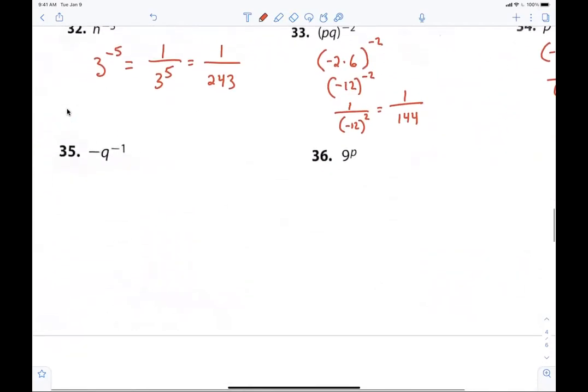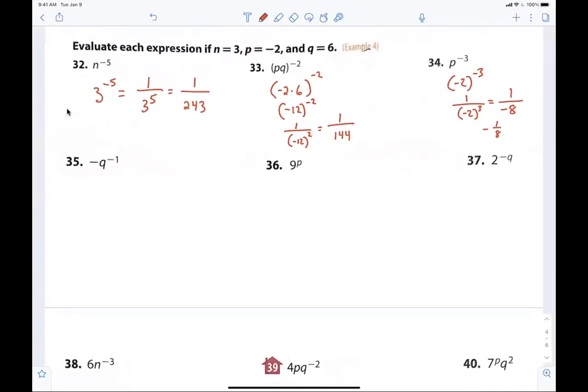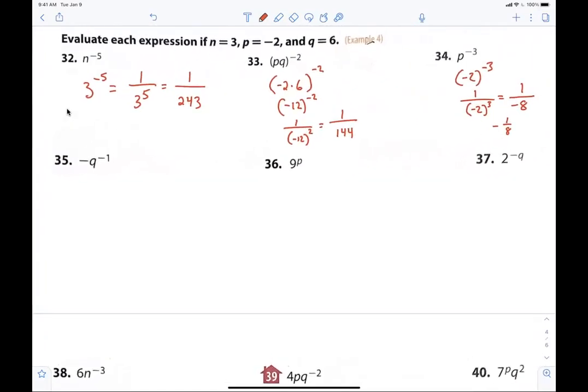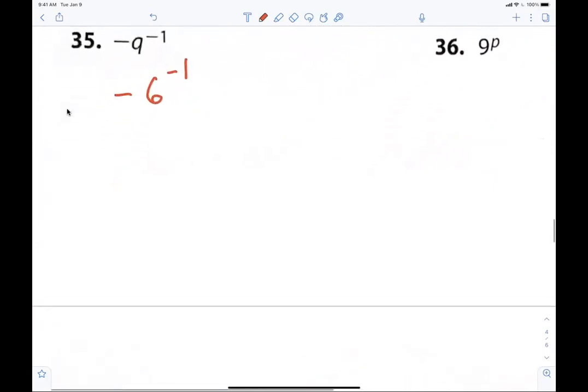35, Mackenzie. Negative 6 and negative 1. Okay, this one's kind of tricky, so I want to hear what you're thinking. And then that equals 1. Okay, so listen, I want you to listen to me, guys.